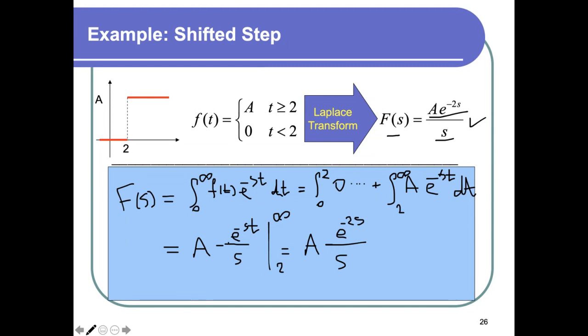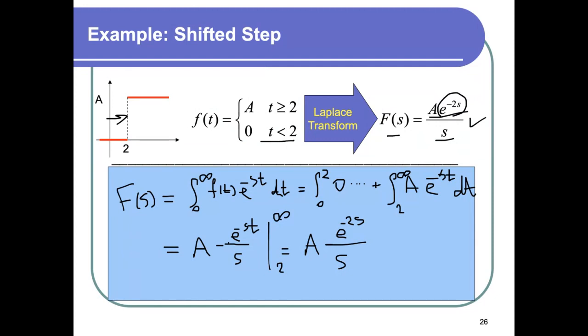And later on, we will see that if you make a time shift of a function, so for the step, really, we did not have this part, e to the power of minus 2s. This part is due to this shift in time. So later on, we will see that there are some tricks and properties that we can use such that you can simplify the function, do the Laplace transform, and use the properties.